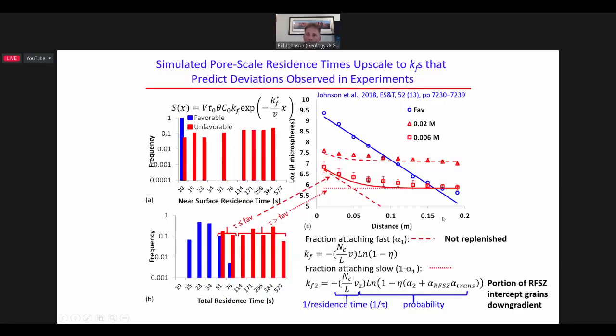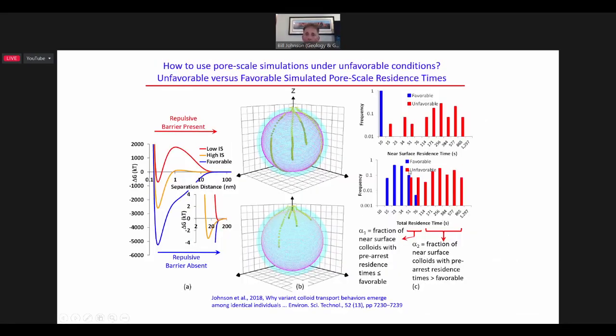We can call this overlapping section the fast attachers, call them alpha 1. Those are ones that attach relatively fast under unfavorable conditions at timescales that match favorable conditions. Whereas the remainder we can call alpha 2, the slow attachers. Their residence times before attachment are much larger than those observed under favorable conditions.